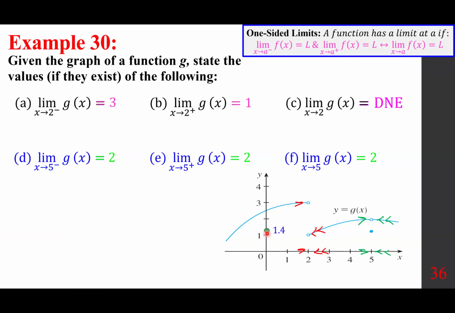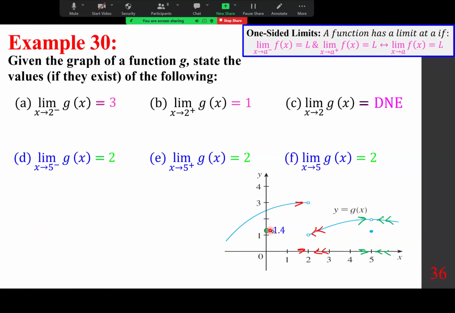If we assume this is a y coordinate 1.4, that means g, the functional value at x equals 5, equals 1.4, which is not equal to the limit. Of course, it makes it discontinuous at x equals 5 as well as x equals 2.